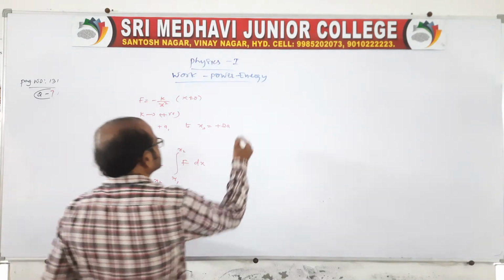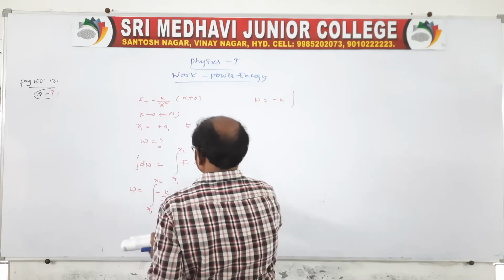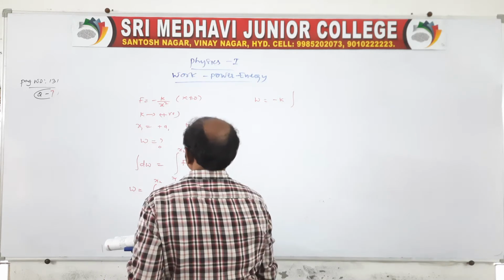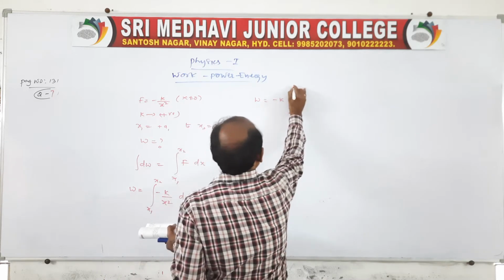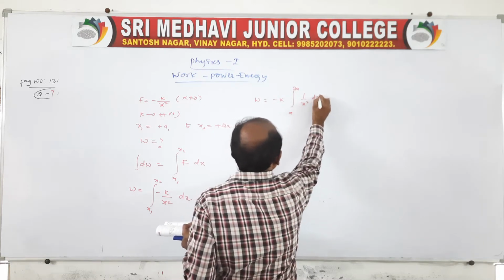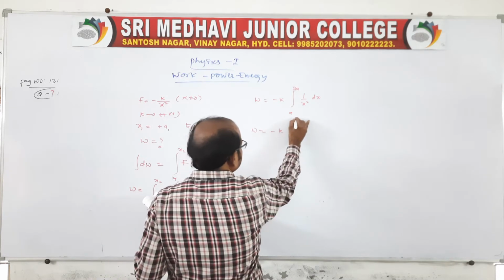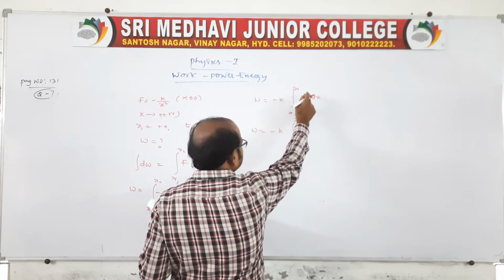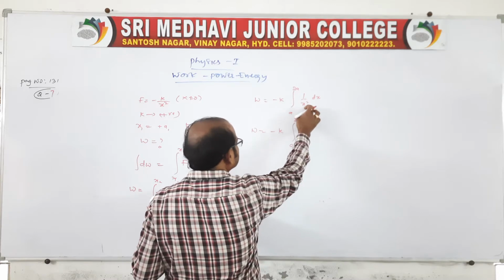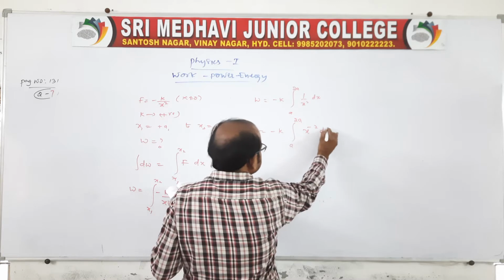Now you take the integration. W is equal to minus k, taking it common, and the x1 and x2 values are given. What is x1? It is a, and x2 is 2a, of 1 by x square dx. So work done is equal to minus k into integral from a to 2a. This x square you take up, because it is in the denominator, no? When we take it to the numerator, its sign will change.